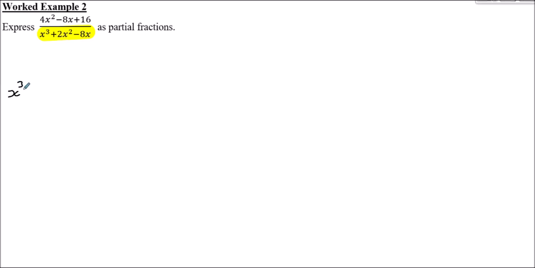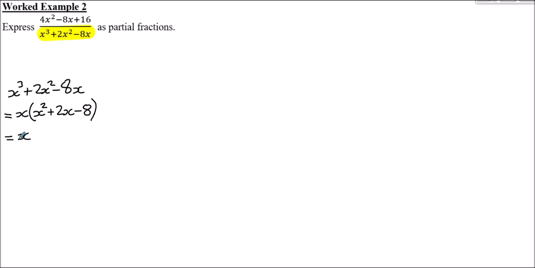So x cubed plus 2x squared minus 8x, factorize out the x, that gives us x brackets x squared plus 2x minus 8. So I need two numbers that multiply together to give negative 8 but add to positive 2. Those values are going to be positive 4 and negative 2.